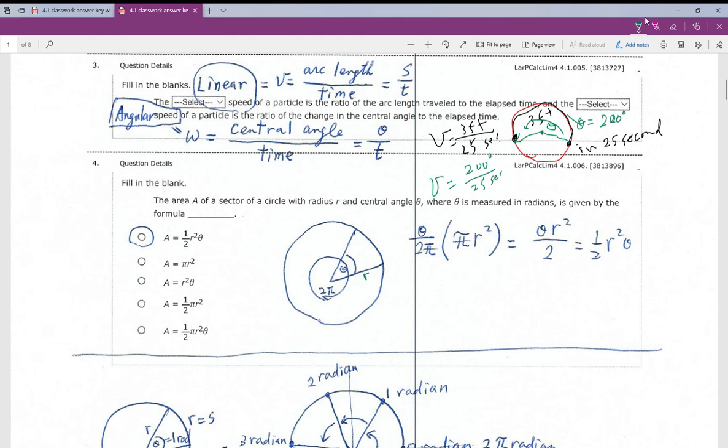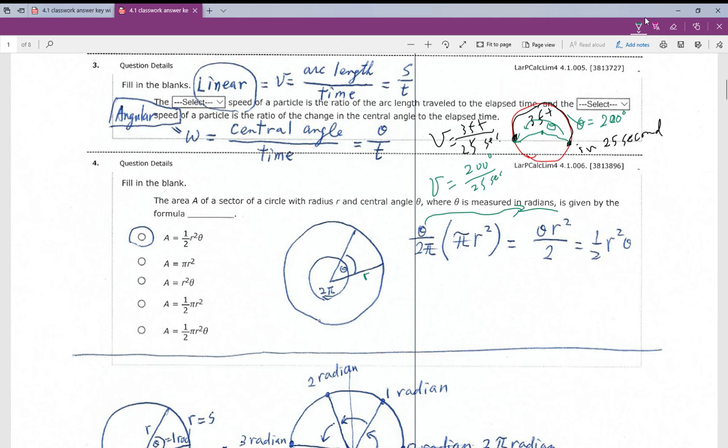And right now, our angle is measured in radians. Now, what's the formula? If the angle is measured in degrees, you cannot use this formula. Understand? This formula only works when the angle is measured in radians. That's very important.